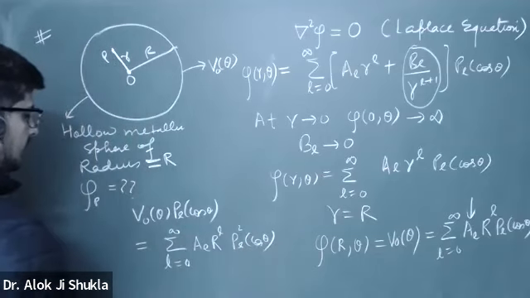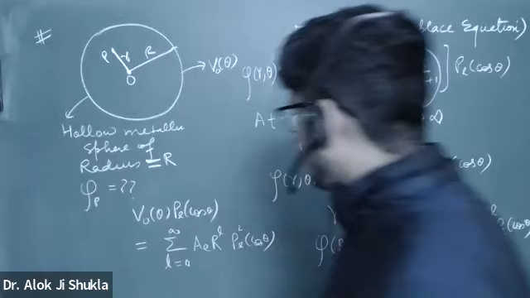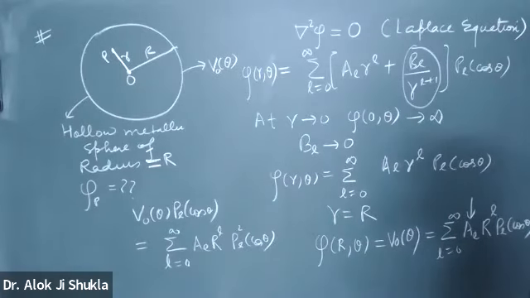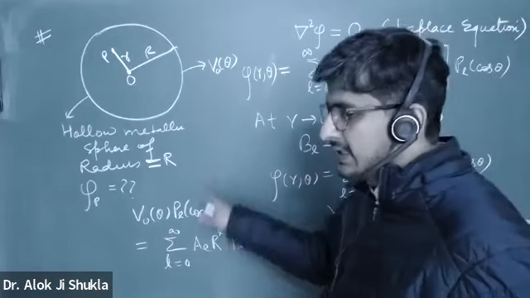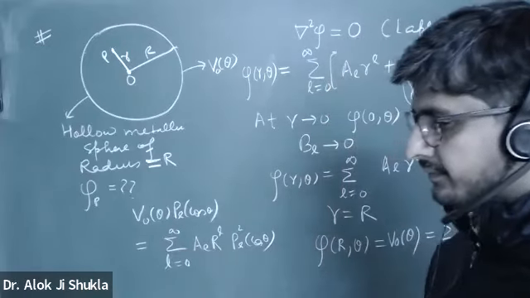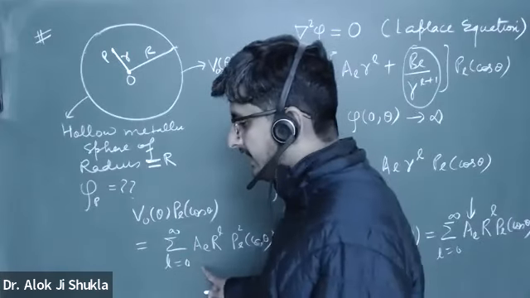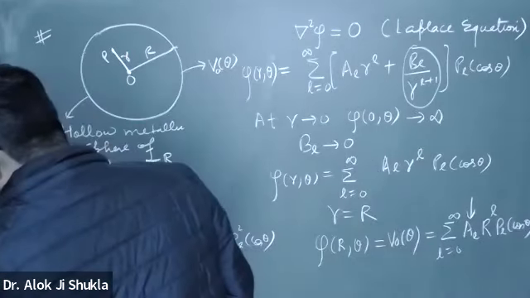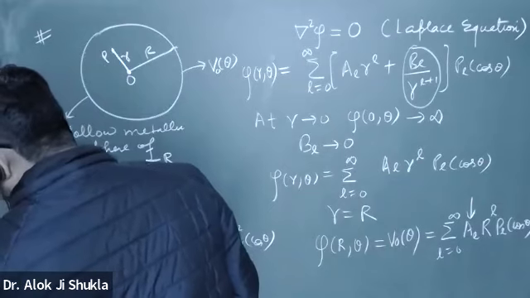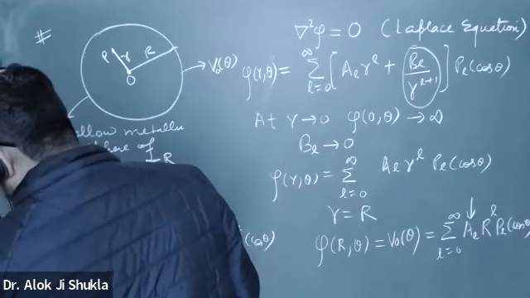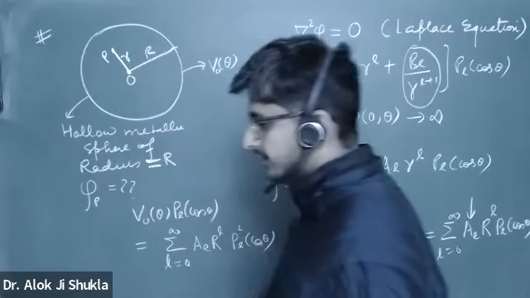You have multiplied P_L cos theta on both sides, and now integrate it. When you integrate it, A_L will become a separate quantity and you can get the value of A_L. Okay? We can calculate A_L now from here.